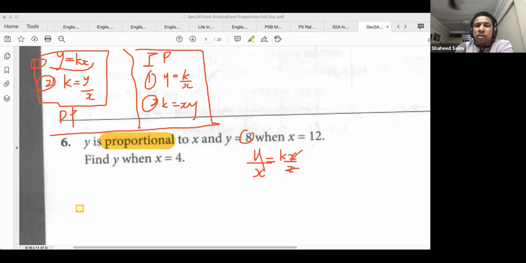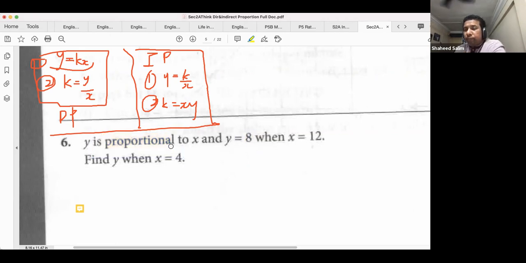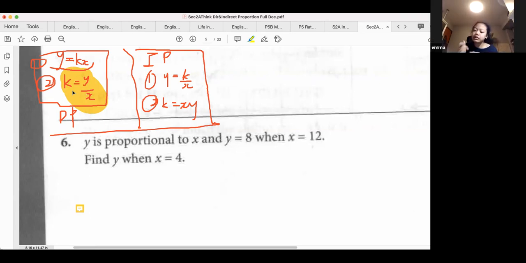So you try this question again. What is the value of K? Use this formula. 2/3, well done.